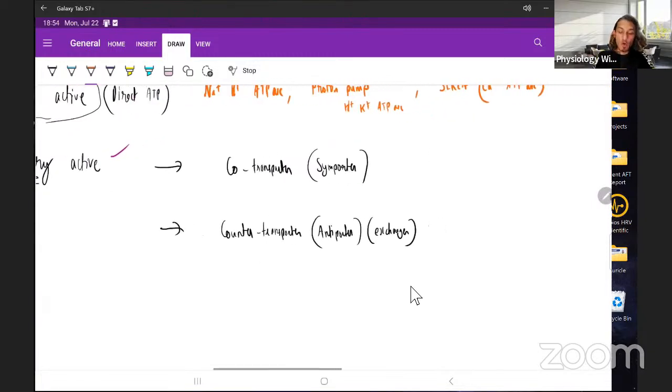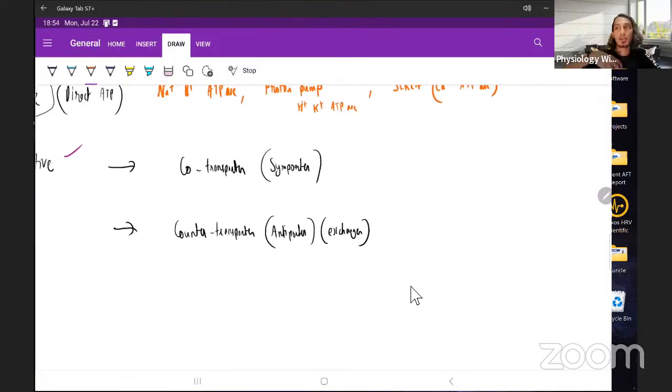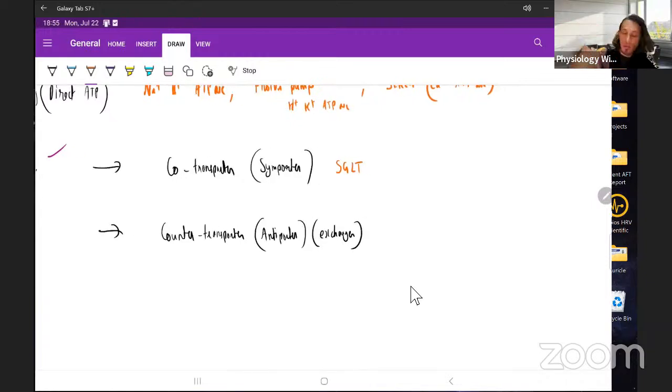Now, in co-transporter, what is going to happen? Some sort of sodium potassium ATPase activity, sodium goes outside. Now, sodium comes inside through another transporter, but along with sodium, something else comes in. So, a common example for this is your SGLT, sodium glucose co-transporters. Sodium potassium ATPase is there. Sodium goes outside.